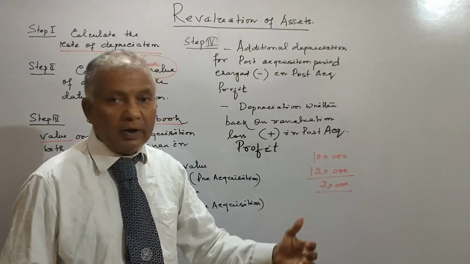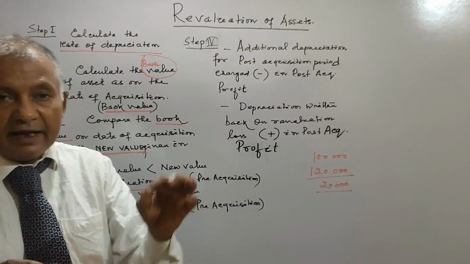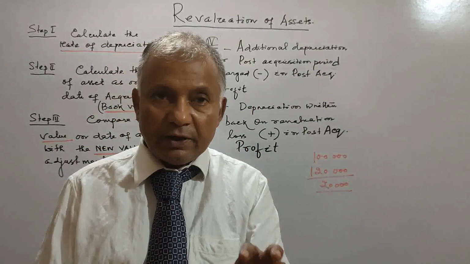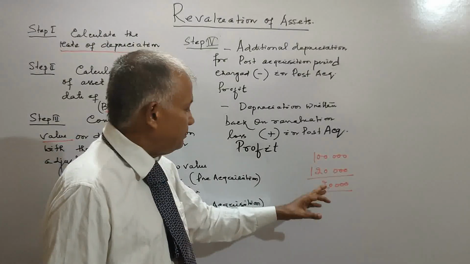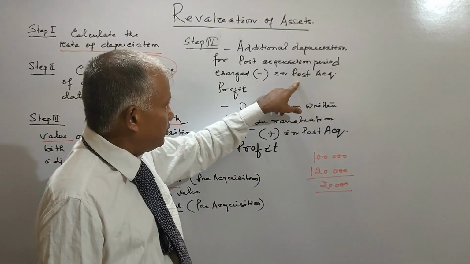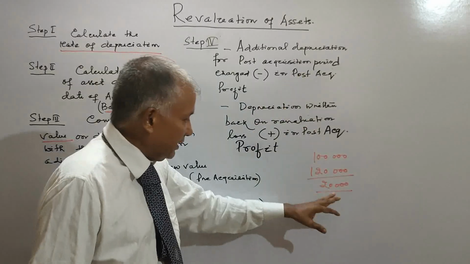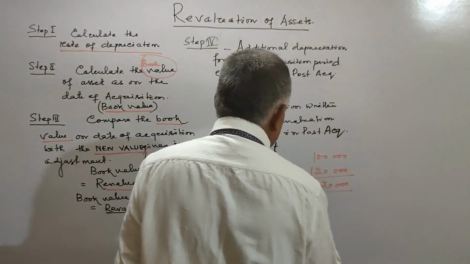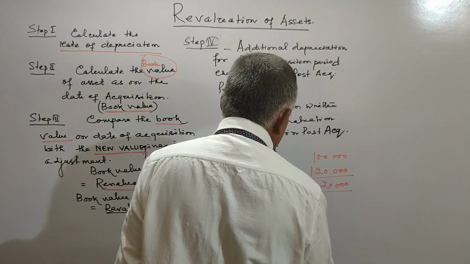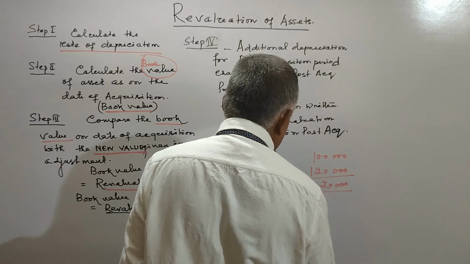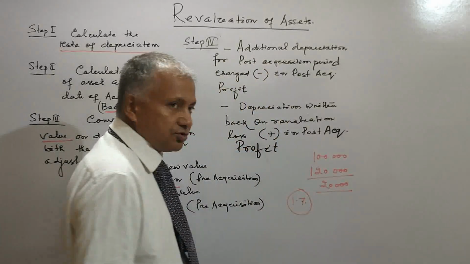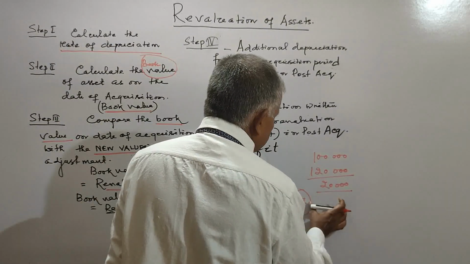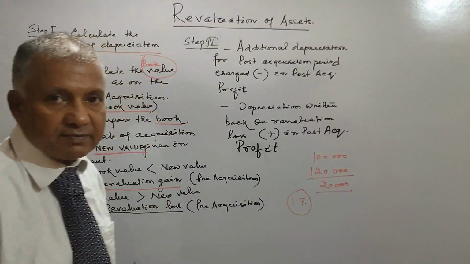So on 20,000 depreciation has to be calculated for post acquisition period, and for this profit the extra depreciation has to be provided. Suppose the date of acquisition is 1/7 and the year starts with January. That means pre-acquisition is 6 months and post-acquisition is 6 months.